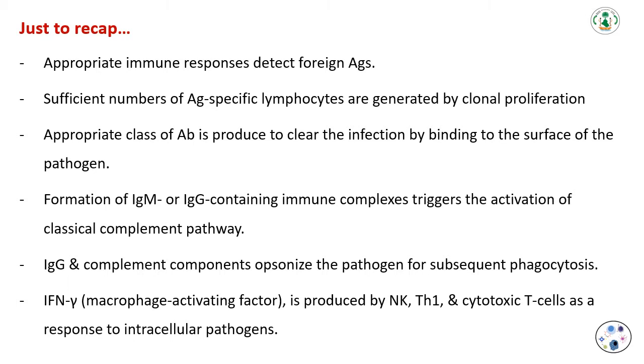To recap, appropriate immune responses detect foreign antigen. Sufficient numbers of antigen-specific lymphocytes are generated by clonal proliferation. Appropriate classes of antibodies are produced to clear the infection by binding to the surface of the pathogen.